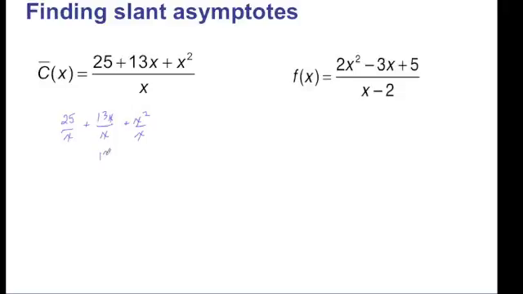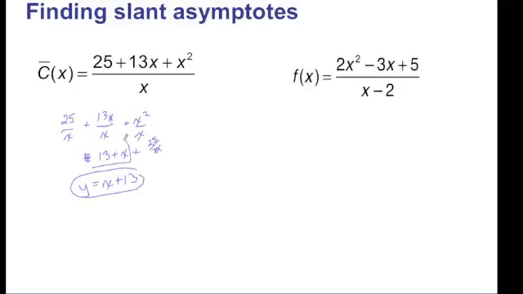Simplifying, this will be just a 13, and this will be just an x. And then we have plus that fraction. The remainder is 25, and we're dividing by x. The slant asymptote is y equals x plus 13.